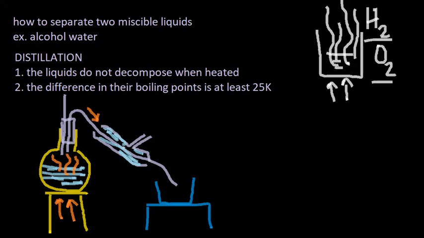So the vapors of alcohol will condense over here, and we will have drops of alcohol coming out, and liquid alcohol will be collected in this container. Now when this alcohol is boiling, the temperature will not rise.